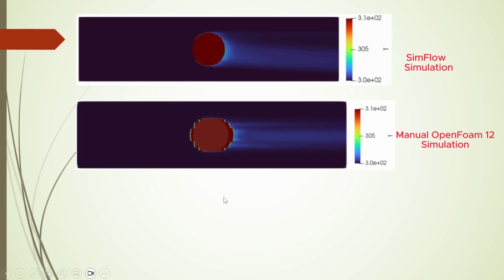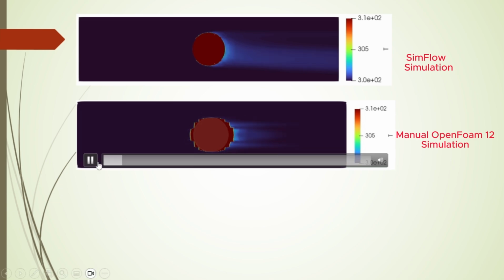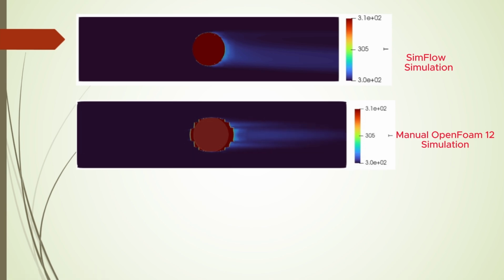Further, finer mesh near the cylinder and fluid interface will give better convection in the fluid region. However, as the main objective of this tutorial is to discuss the procedure to set up a conjugate heat transfer case in OpenFOAM 12, I used this mesh.